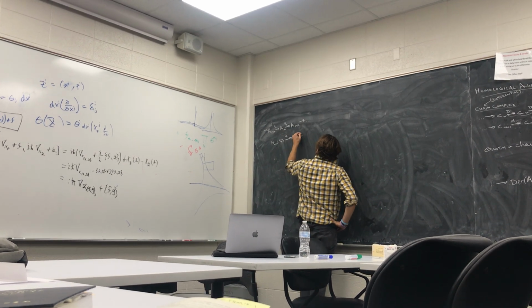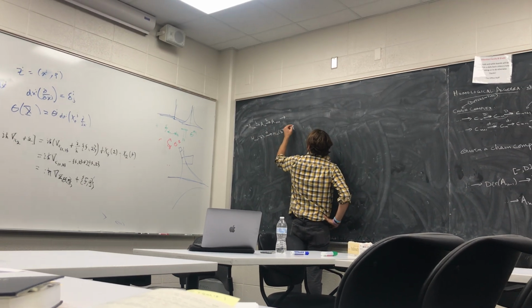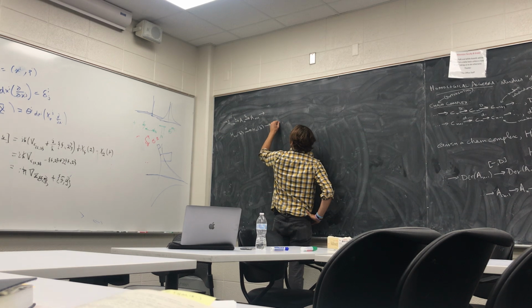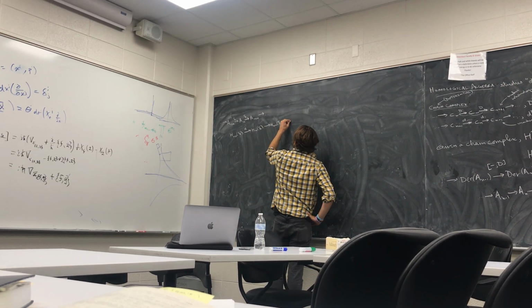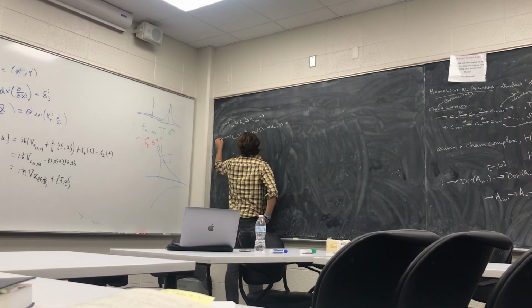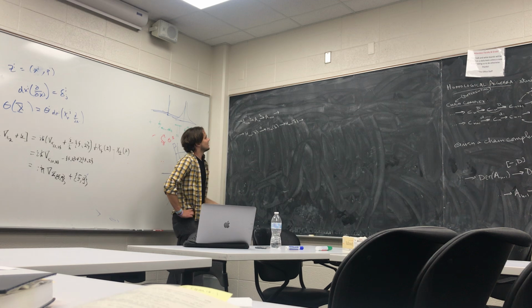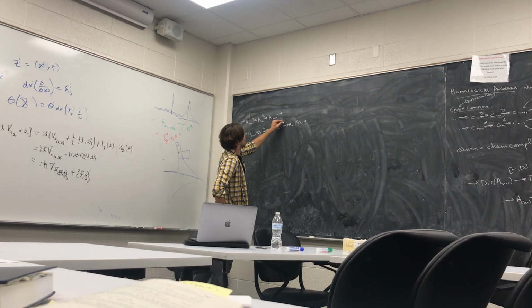So the goal of what we're trying to do here, basically our conditions on d and delta are going to make it so that this is also going to be a chain complex.